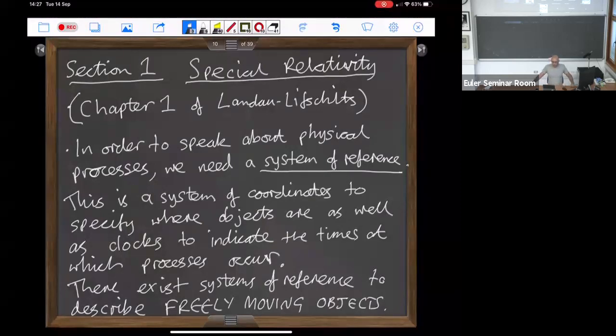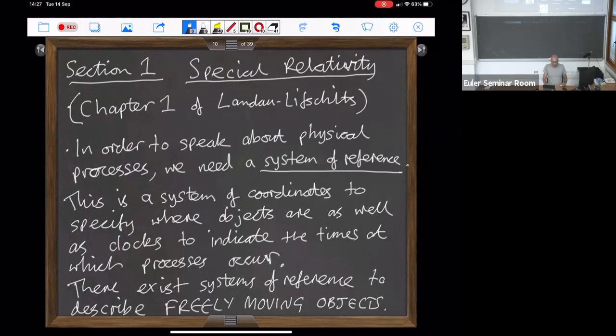So first of all, in order to talk about physical processes, we need a system of reference, meaning that we need to say where some physical event happened and when it happened. So we need coordinates and clocks, or equivalently ways to specify positions and times.